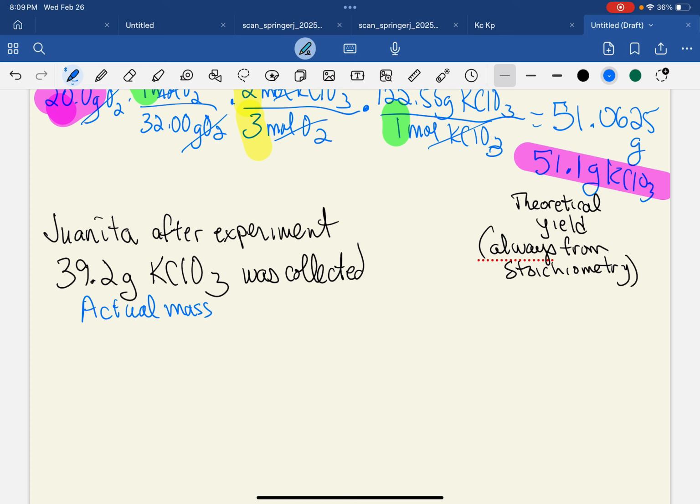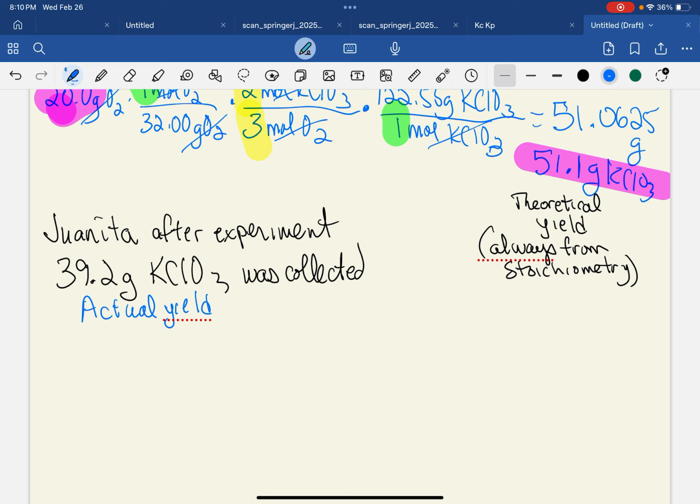Actual mass comes from doing the chemistry in the lab. That's where you get the actual mass. So theoretical yield, or theoretical, I guess that's actual yield, not actual mass. Either way, you get the idea. So the actual yield comes from the procedure. The theoretical yield comes from doing the math.